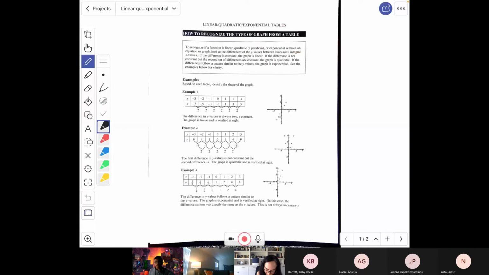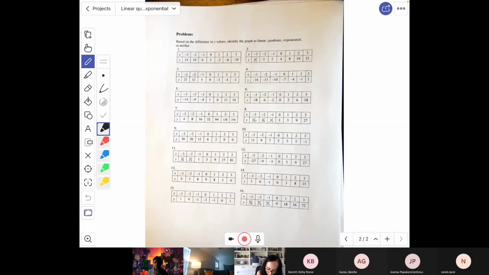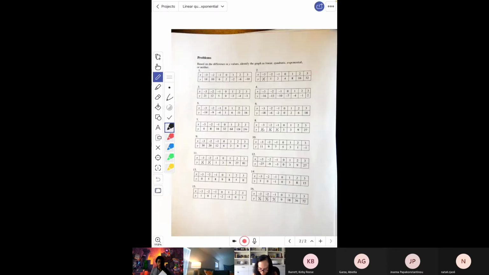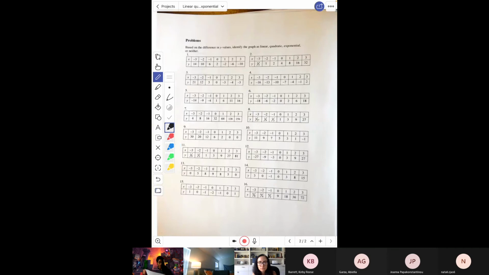It gives you a little explanation if you get stuck. But we are trying to determine, are these linear, quadratic, exponential, or neither? So we're investigating patterns.